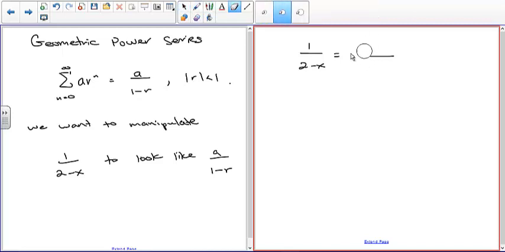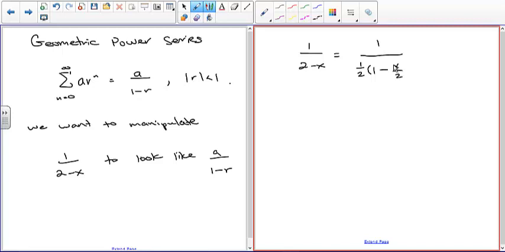All we need to do is make this a 1. So we just need to factor out a half. If we factor out a half, we'll have 1 minus x over 2. Is that right? No, it's got to be factor out a 2. There we go. That works.